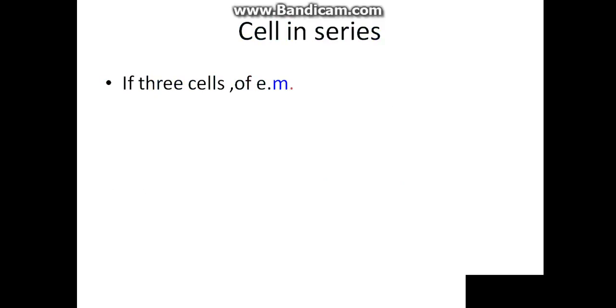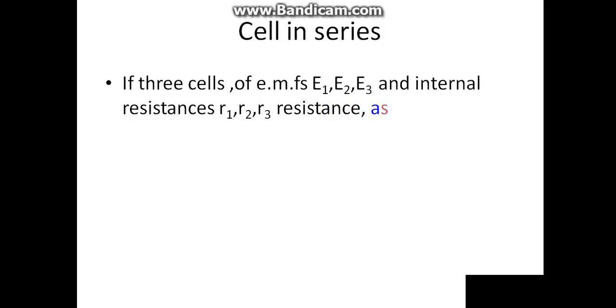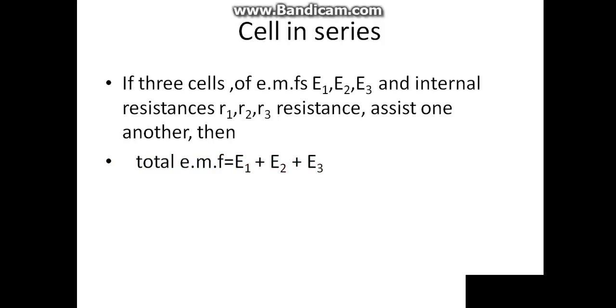Cells in series. If three cells of EMFs E1, E2, E3 and internal resistances R1, R2, R3 assist one another, then total EMF is equal to E1 plus E2 plus E3.